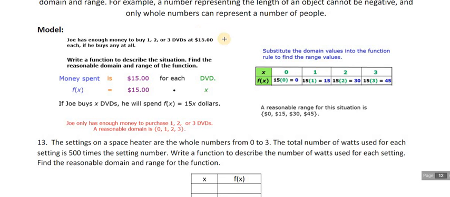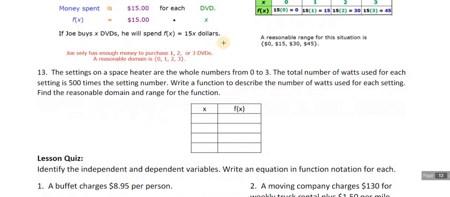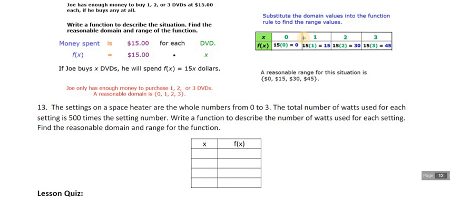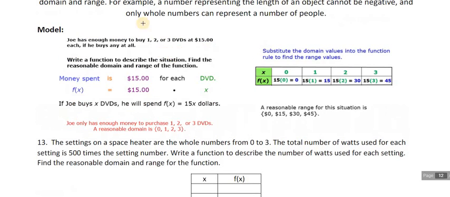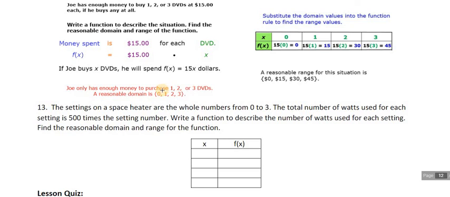So if we were graphing this, we would not connect the ordered pairs. The domain here would be 0, 1, 2, 3, and could potentially go on farther, although this particular question only goes up to 3. And then its corresponding range would be $0 for 0 DVDs, $15 for 1 DVD, $30 for 2 DVDs, and $45 for 3 DVDs.